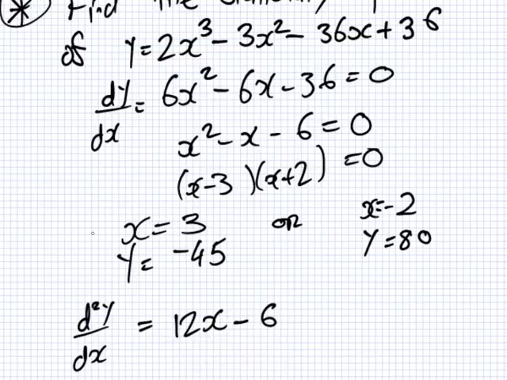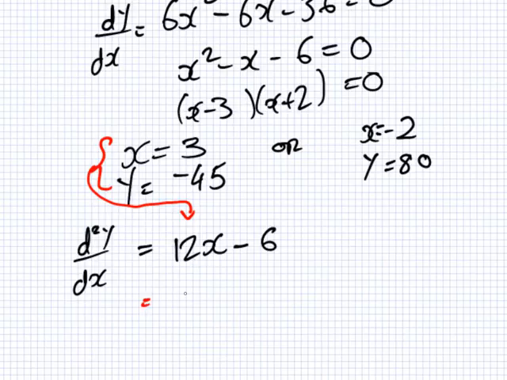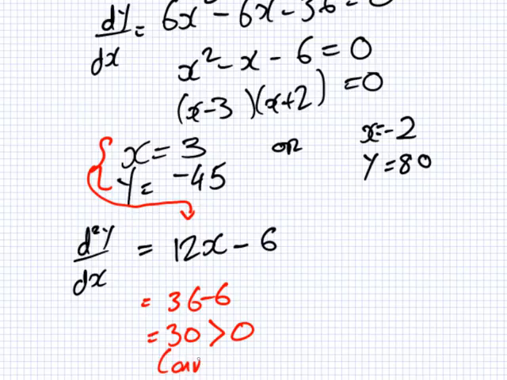Let's take our first point and put it into the second derivative. You would get 36 minus 6, which is 30, which is bigger than 0. So that means the shape here will be this kind of shape, a convex shape.